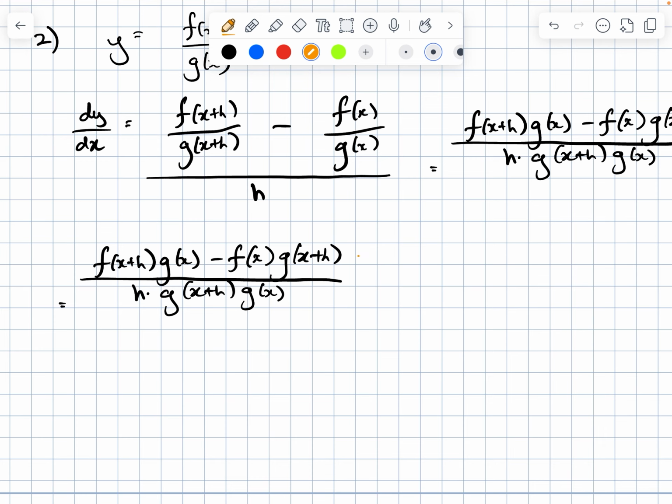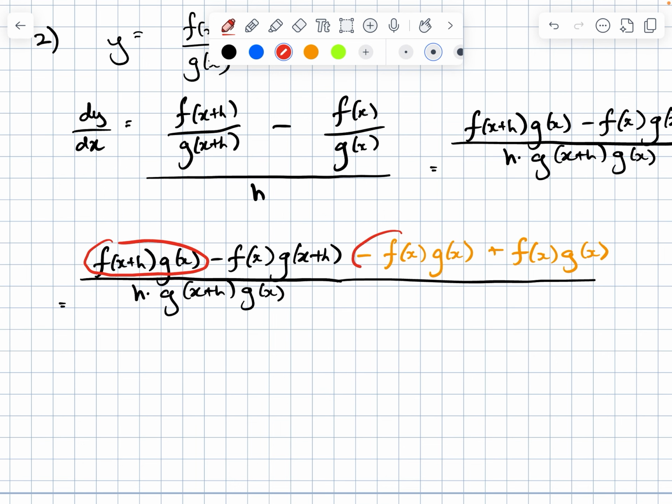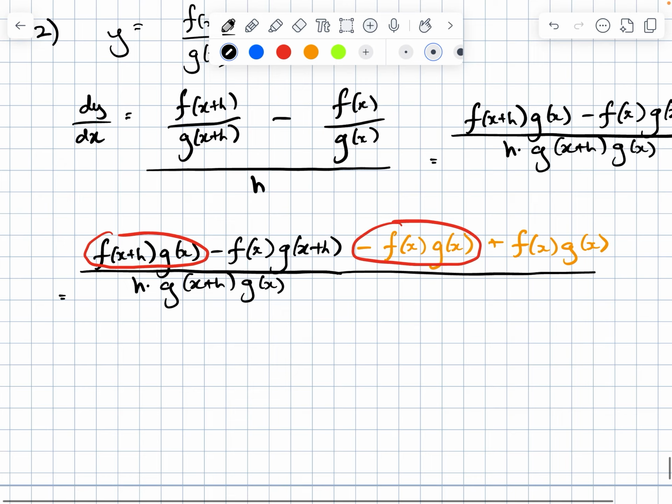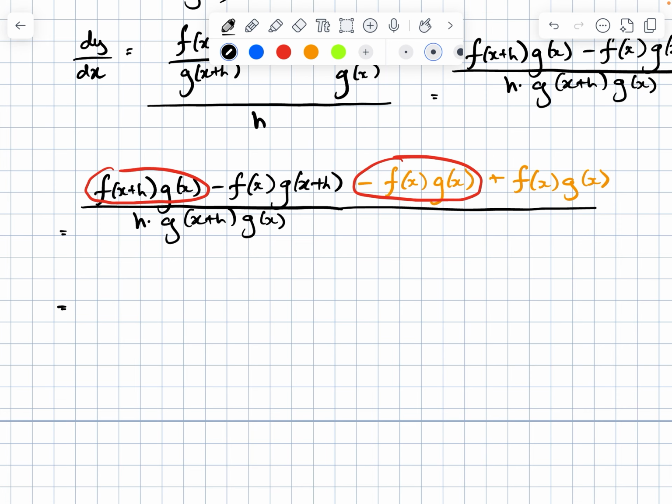So what I can do is subtract f(x) times g(x). If I subtract something, I also have to add it, so that I've effectively just added 0. Then I'm going to factorize, at least at the beginning, these two terms here, giving us f(x plus h) minus f(x) times g(x).